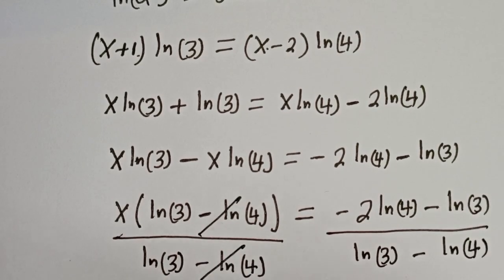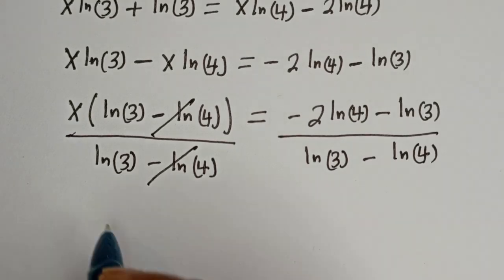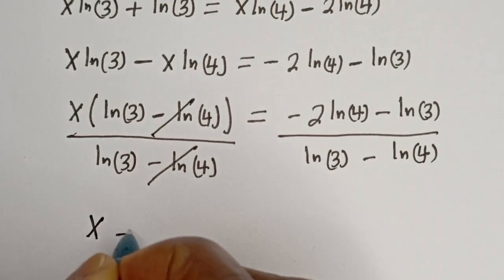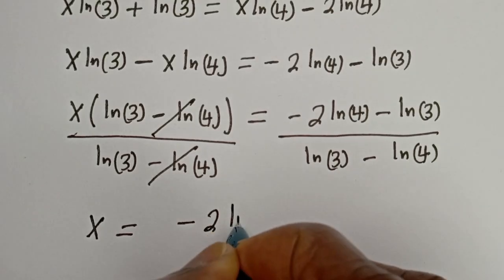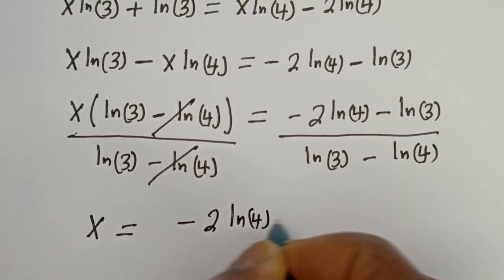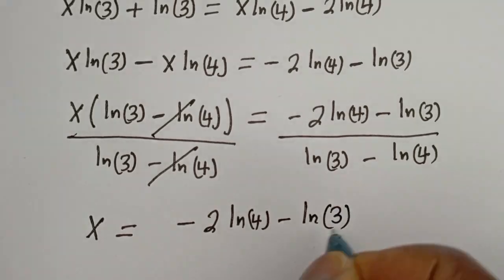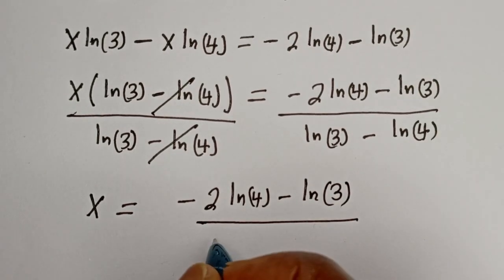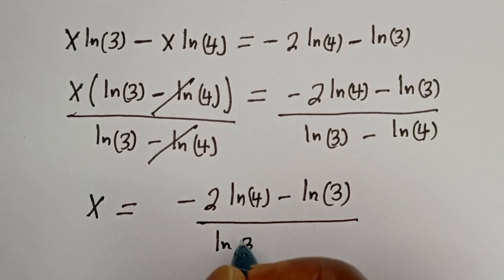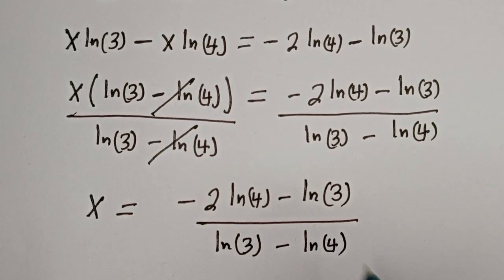This, we cancel this. x is equal to minus 2 ln of 4 minus ln of 3 divided by ln of 3 minus ln of 4.